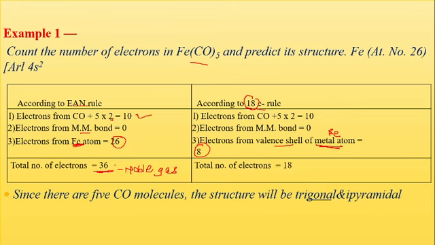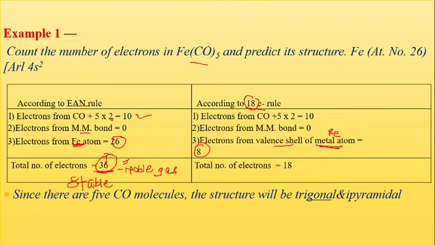According to the EAN rule, if the total number of electrons equals that of a noble gas, then that organometallic compound is stable. There is a total of 36, which equals the noble gas, so this compound is stable.